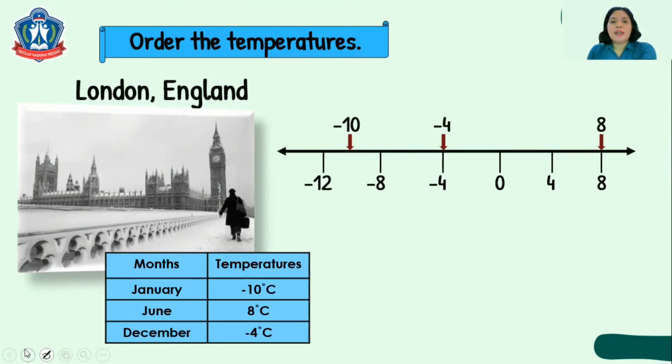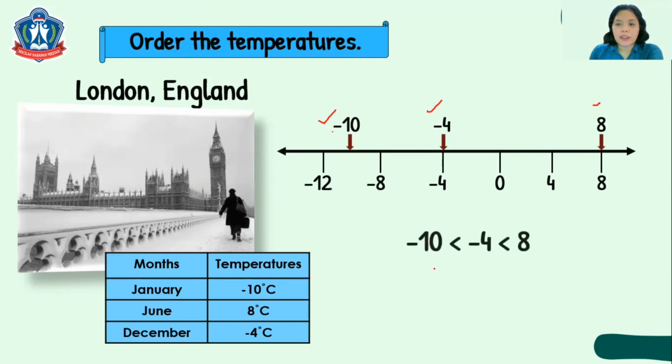Now, which of these temperatures is the smallest in value? Correct. It's the number on the left side, negative 10. This is the smallest value, followed by negative 4, and the biggest is 8. If we order these temperatures, negative 10 is smaller than negative 4, then negative 4 is smaller than 8.